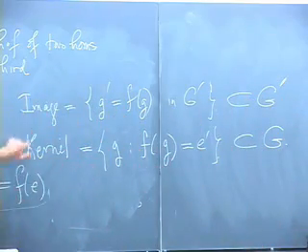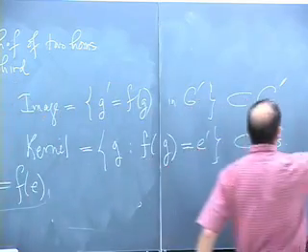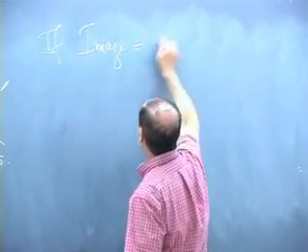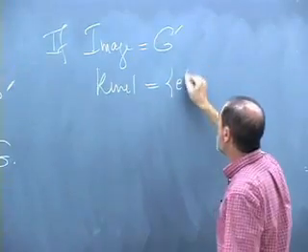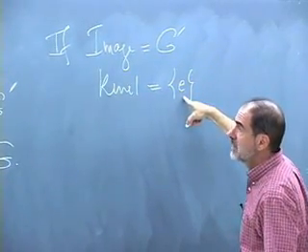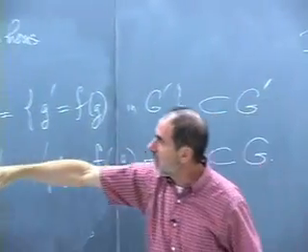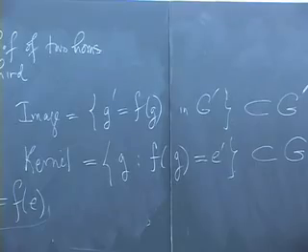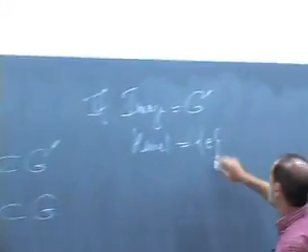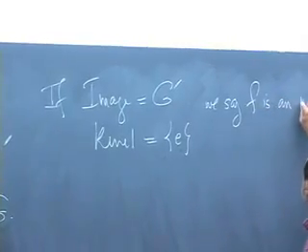And if both of these are trivial, so if the image is equal to G prime and the kernel is equal to the set {E}, the image always contains E prime by the fact that f(E) is E prime, and the kernel always contains E. So if the image is G prime and the kernel is {E}, we say f is an isomorphism.